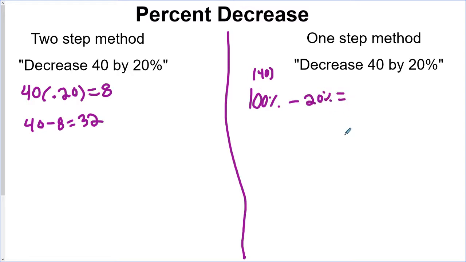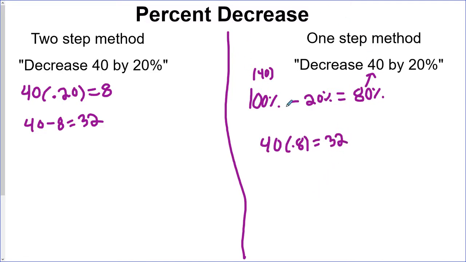So how much is left over if I do that? If I have 100% of what I want and I decrease it by 20%, then I have 80% left, right? So what this is really asking is, what is 80% of 40? Because if I decrease 40 by 20%, that means I have 80% left over. So I'm going to do 40 times 0.8, and that gives me 32 right away.